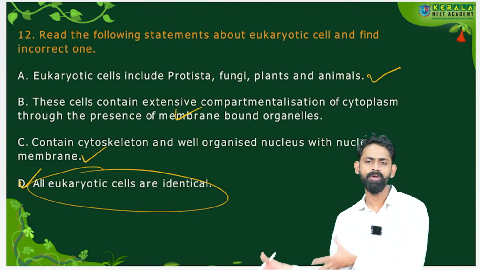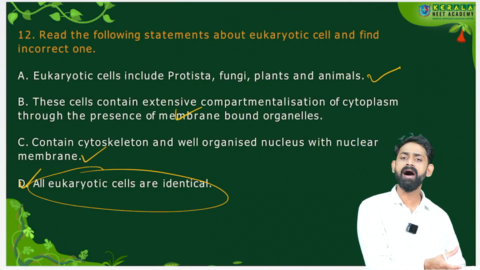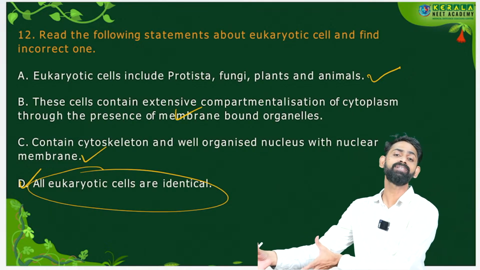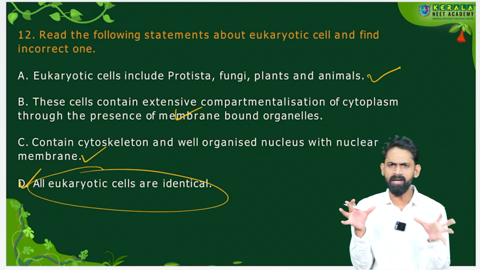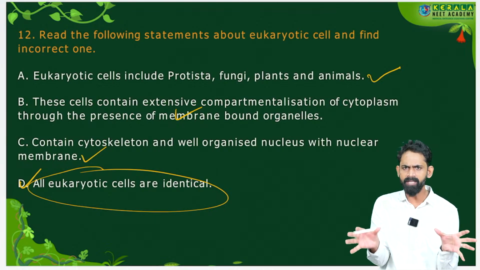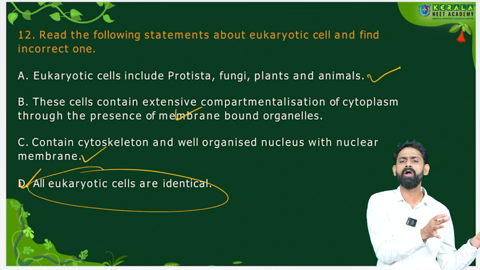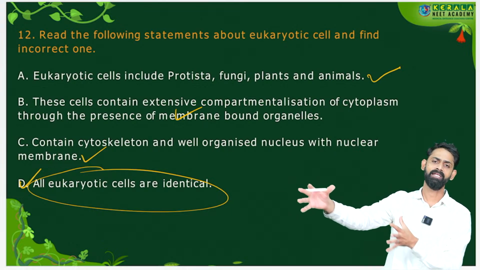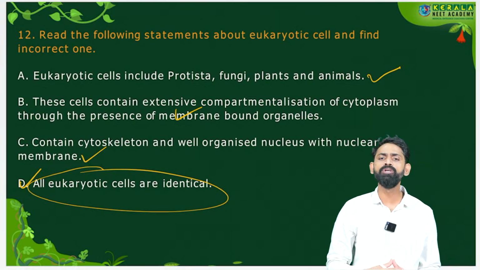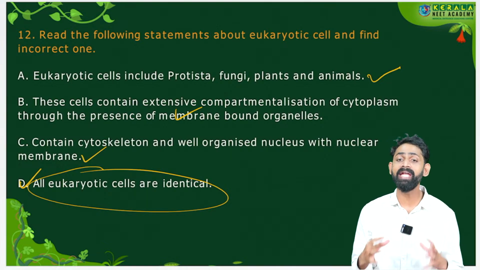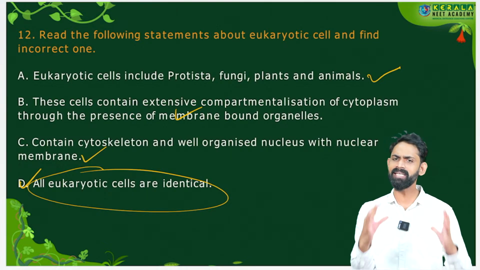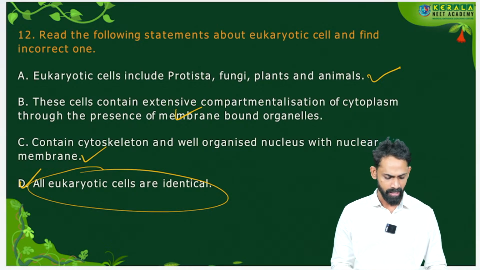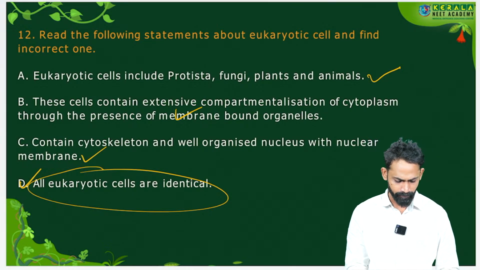Most plants lack a centrosome, while animals contain a centrosome. Because eukaryotic cells do not belong to one organism, they belong to 4 kingdoms, all eukaryotic cells are not identical. The basic structure is the same but not exactly the same. That is the meaning of that. So I am going forward.